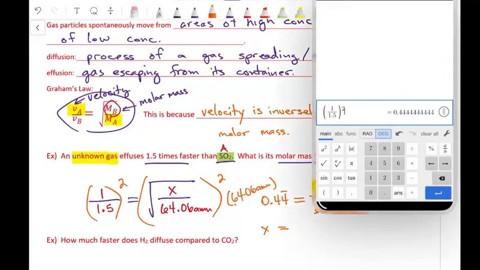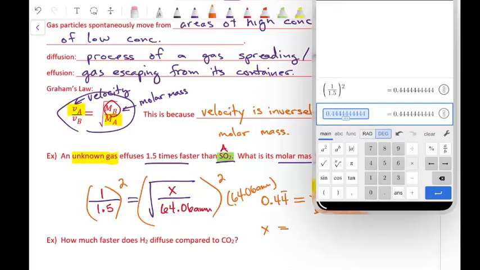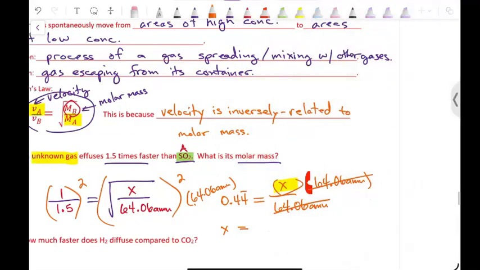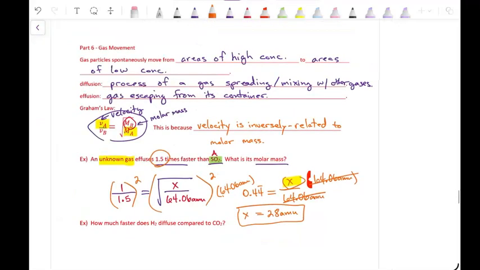So I'm just going on the calculator. I'm going to hit answer, and then I'm going to say times 64.06. And I get 28.47. So I'm just going to call that 28 because it looks like I only need 2 sig figs. So 28 AMU is the molar mass of my unknown gas.